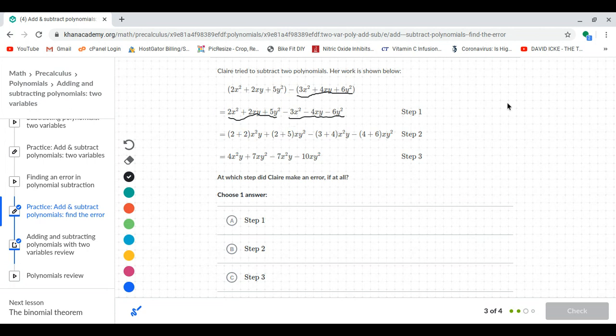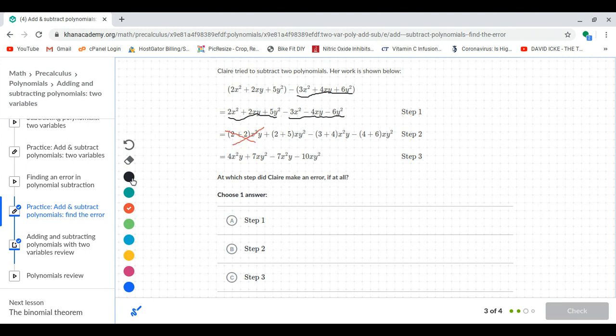All right, let's move to the next step. So now we're doing 2 plus 2x squared y. Okay, we should be doing 2 minus 3x squared. So this here is an error. We don't want to be doing that.